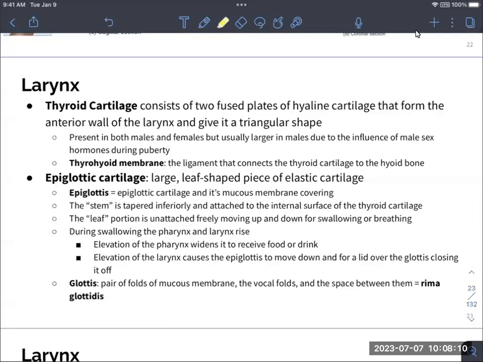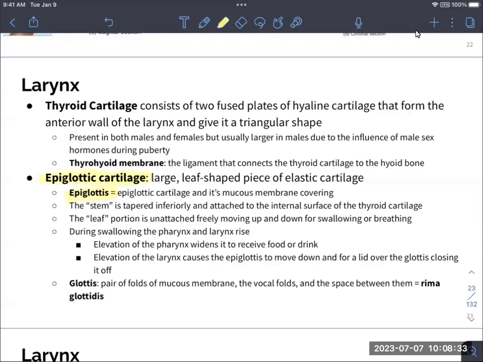In men, the Adam's apple is actually their thyroid cartilage. We also have the epiglottic cartilage, which is the epiglottis, the piece that moves up and down.